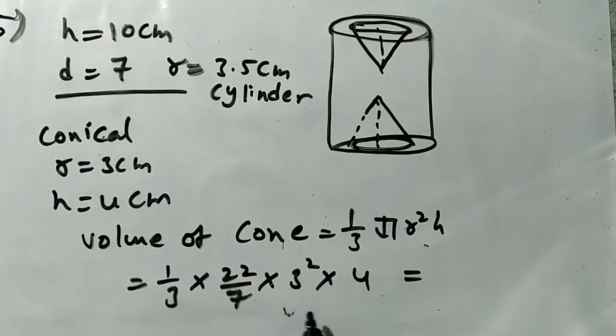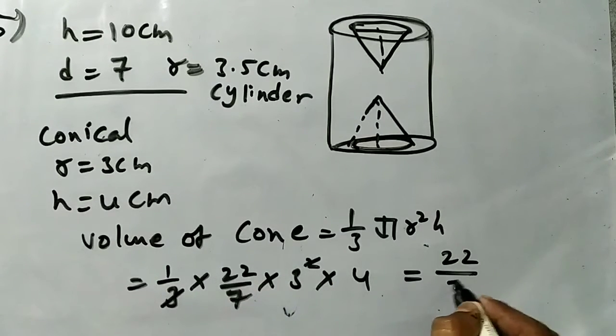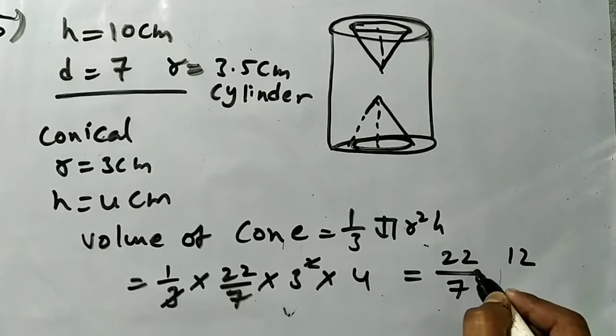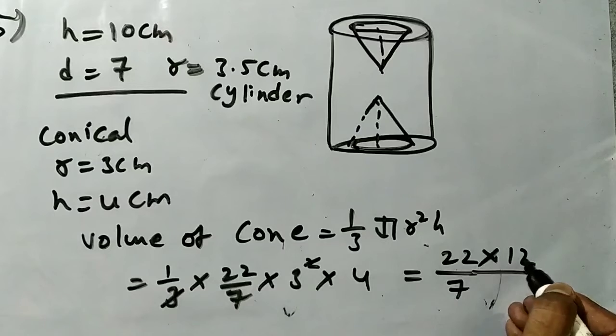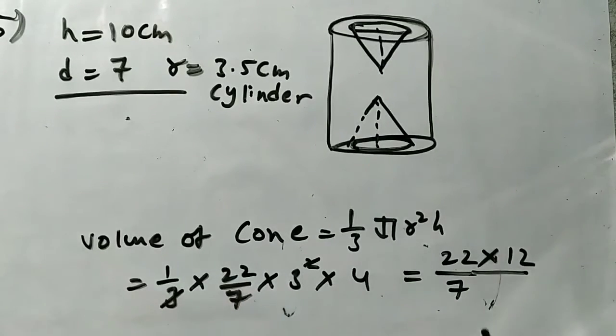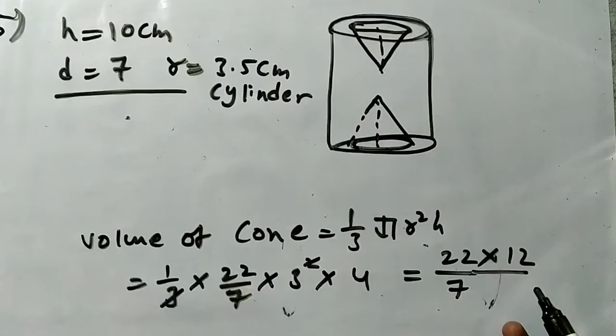Here the 9 and 3 get cancelled. So 3 and 1 square get cancelled, that is 22 by 7 into 3 4s are 12. So we can write it as 22 into 12 by 7, which is the volume of one cone. If we simplify this, we will get 37.71.